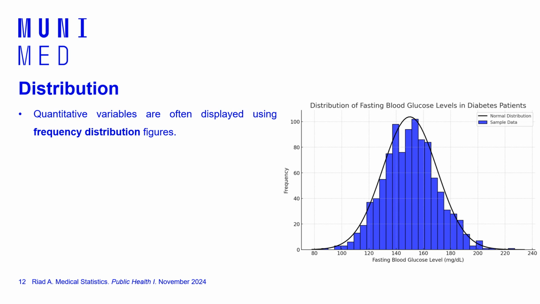In this figure, if you look at the x-axis or the horizontal line, this describes the fasting blood glucose level, which, as you know, is a continuous or quantitative variable. Also, the number of cases is another quantitative variable, described by frequency, and this is on the y-axis or the vertical line.